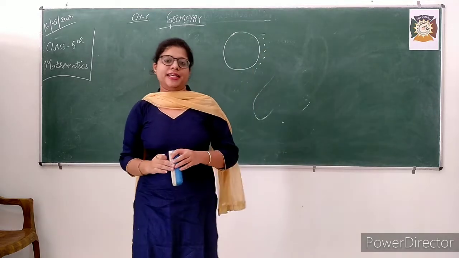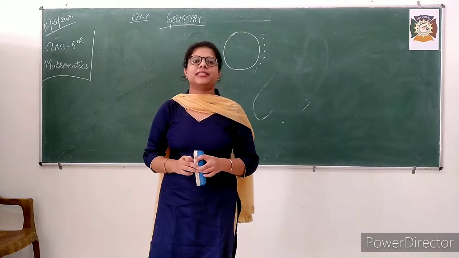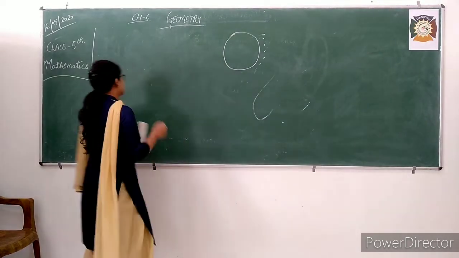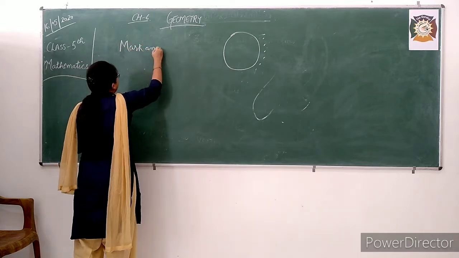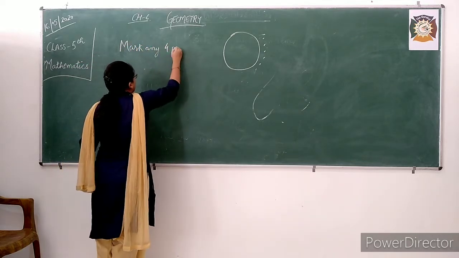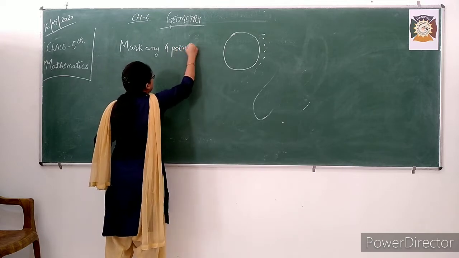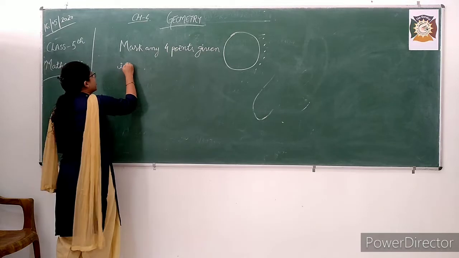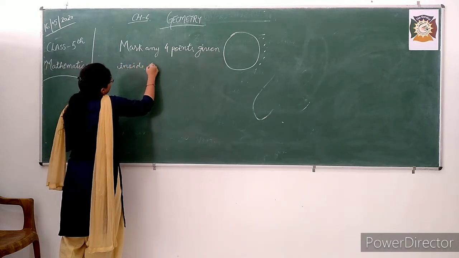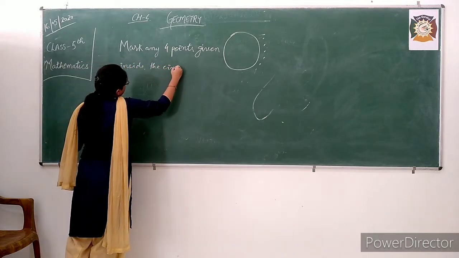And the question says, mark any 4 points inside the given circle.